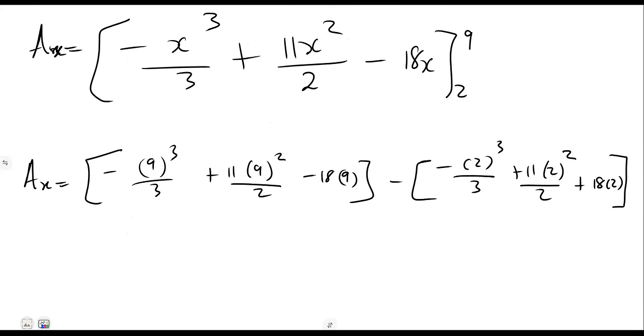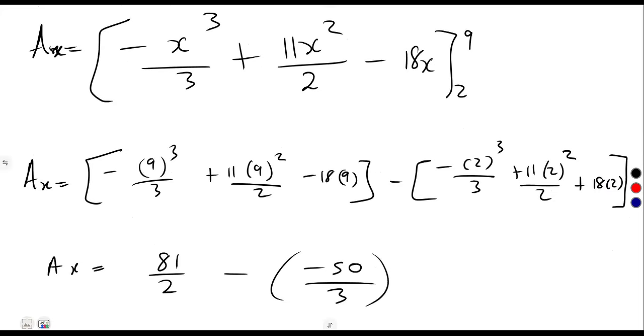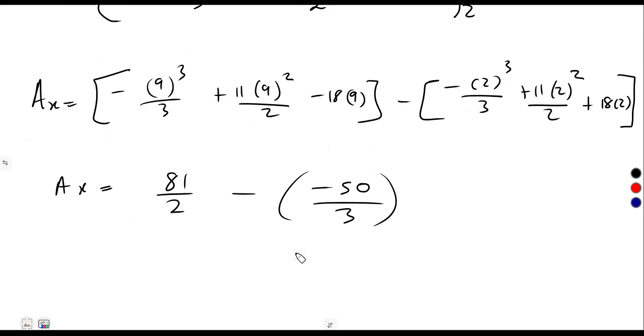So that was going to give us the area. Simplifying, the first part gives us something like 81 over 2. The second part gives us negative 50 over 3. So use your calculator to combine these two. Combined, you are going to have 343 over 6. Negative, negative, that's a positive.